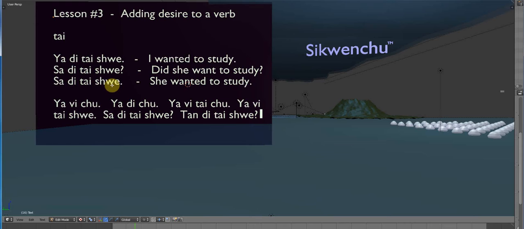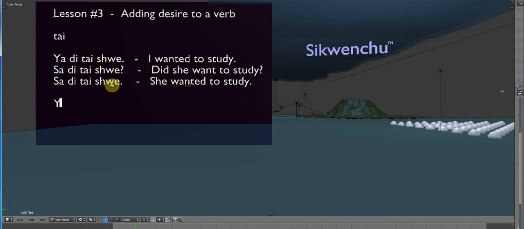So this is a very, very powerful verb, because once you learn this simple structure, you can make many more. How about, have you wanted to study? Na vi tai shue. Have you wanted to study? And you would say, yes, I have wanted to study.